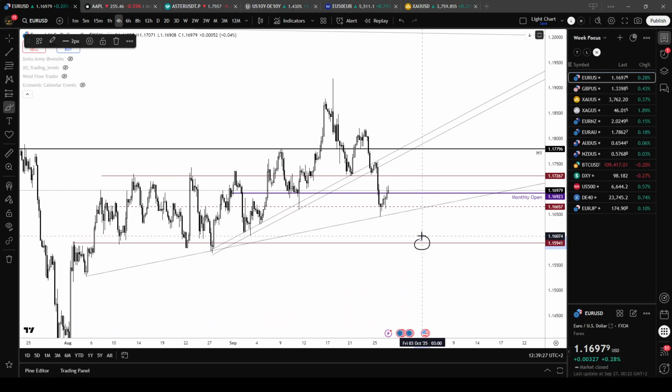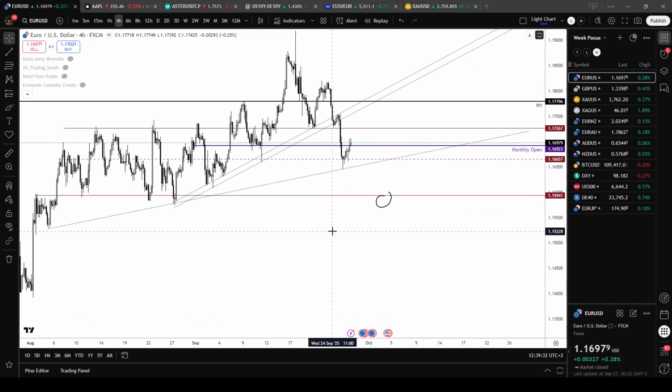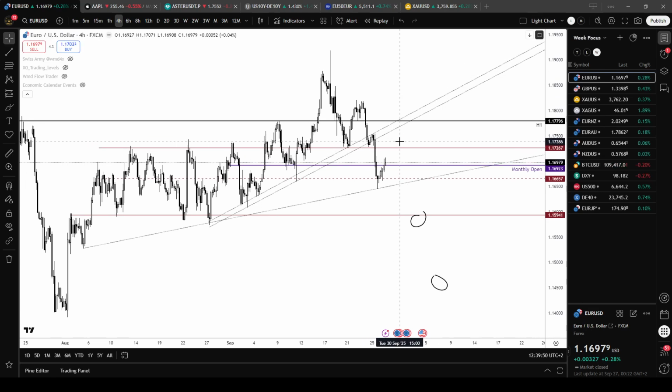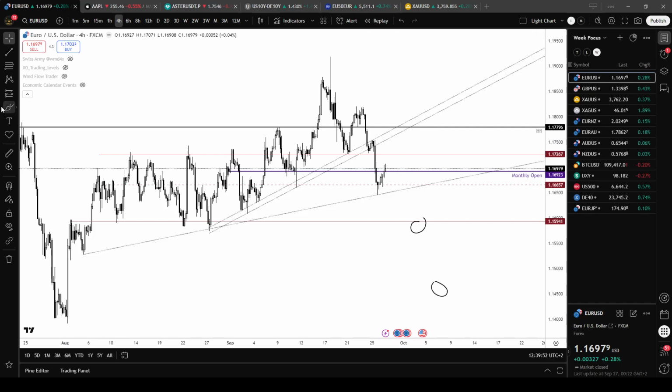It is the bottom of the range part, and the second target would be around here. I do think there are two main levels where you want to open shorts and look to short the market.